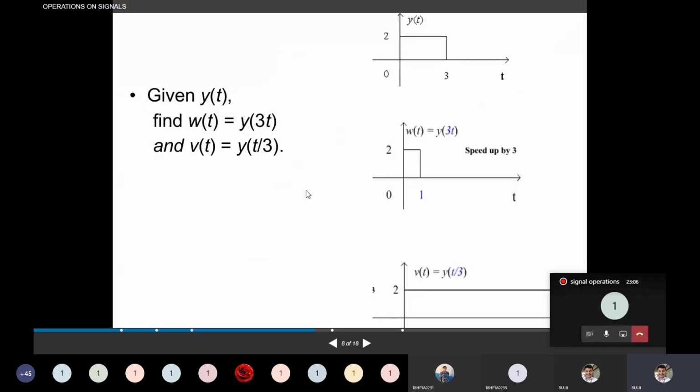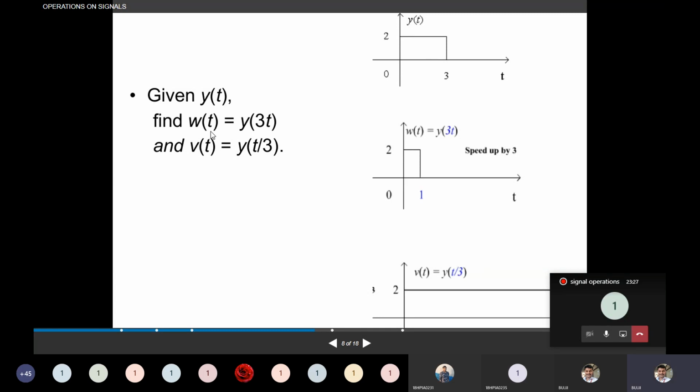See another example. Let us assume y of t is a simple pulse, extending from 0 to 3 with an amplitude of 2.